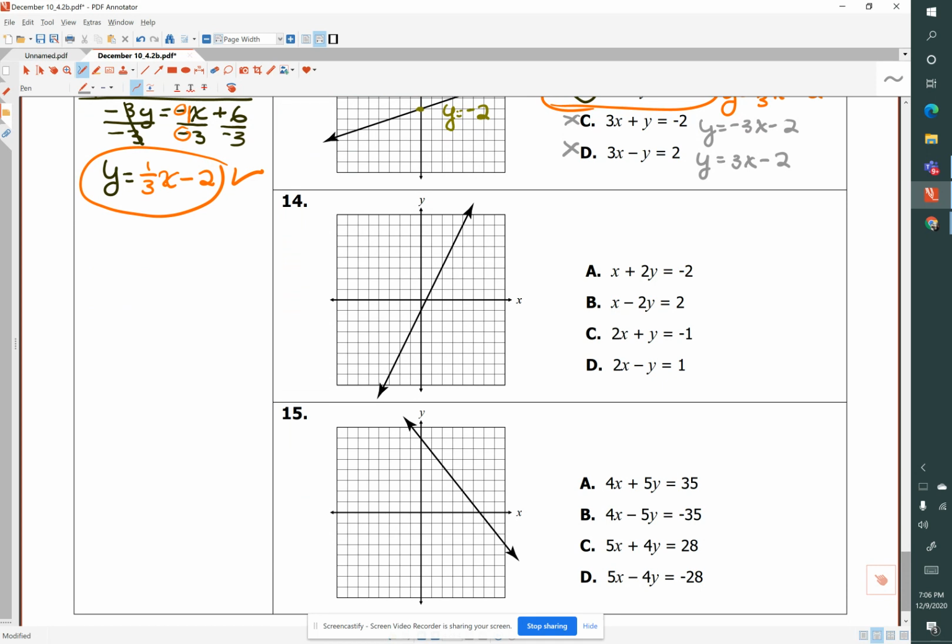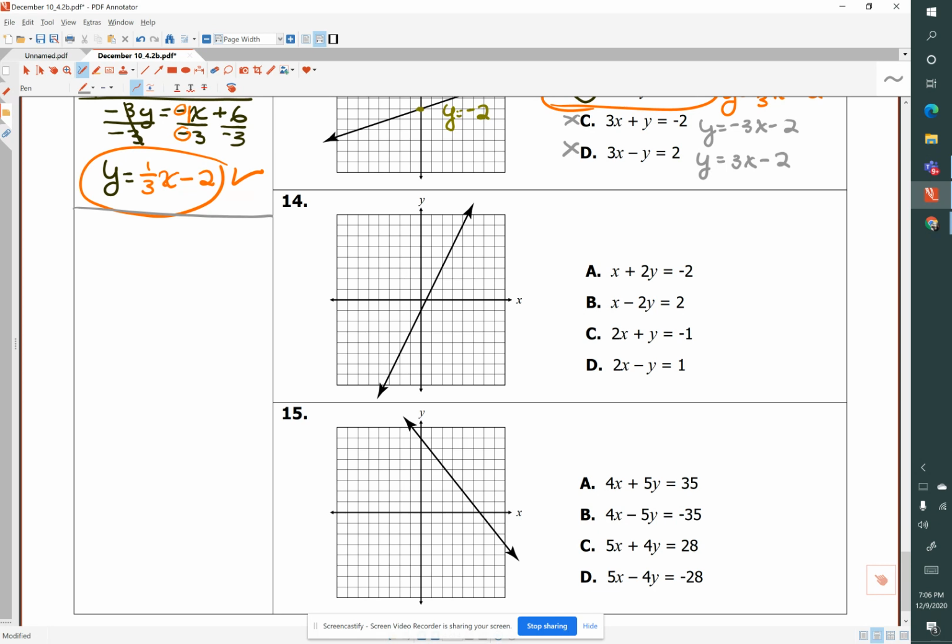These are highly tested problems. You will see questions like this on different exams, an algebra exam, a midterm exam, a PSAT and SAT, a high school entrance exam, very typical kinds of problems. So again, we need to convert these to slope-intercept form, and then we need to see which one is representative of this graph.